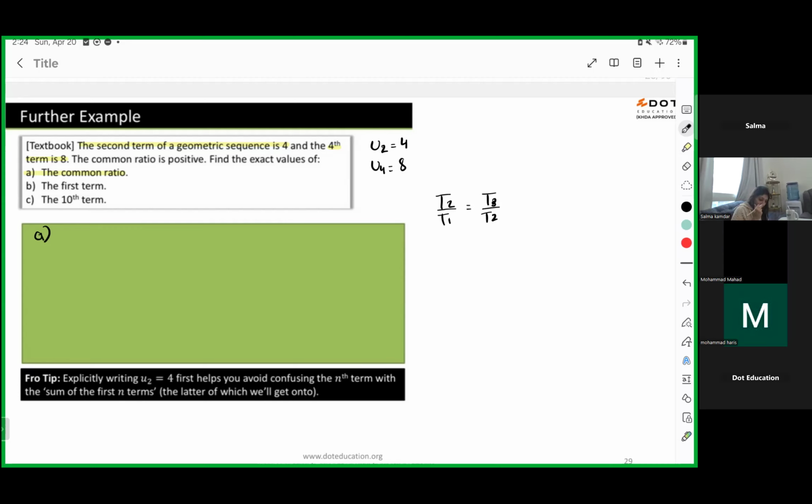Another way that I think of is, I know that in a geometric sequence, my terms would multiply with R. So I would say 4 into R is going to give me my U3, into another R is going to give me my U4.